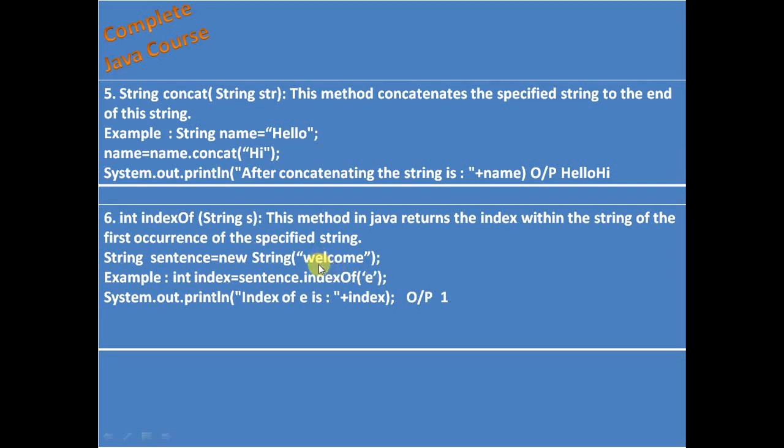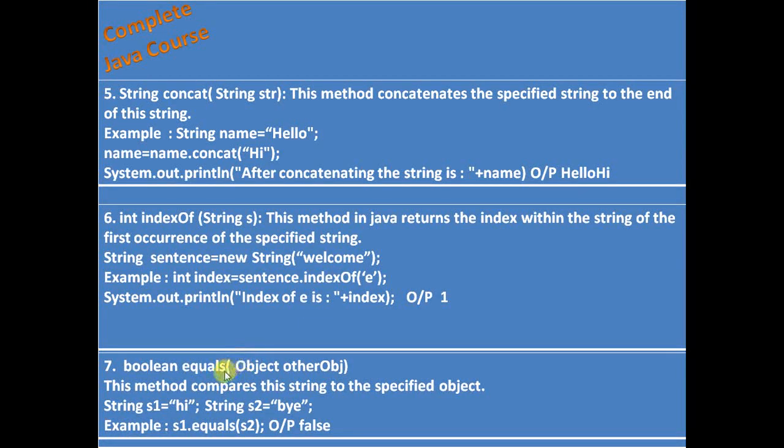You want to know the index of the character e in the welcome string. If you print the index, it will give 1, because e is at the first index.